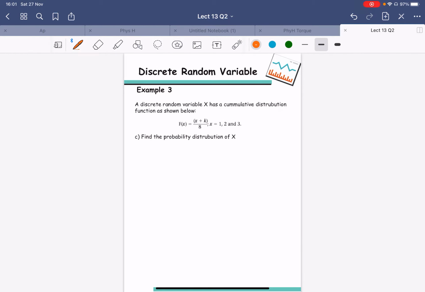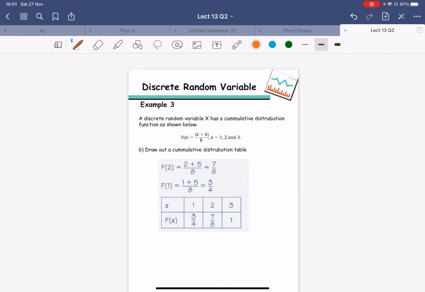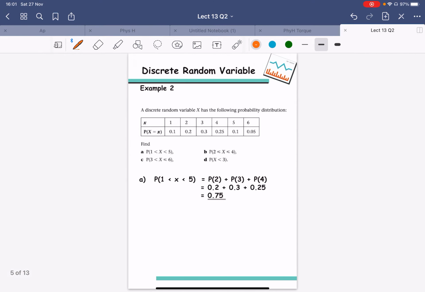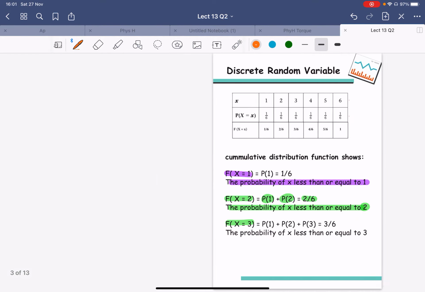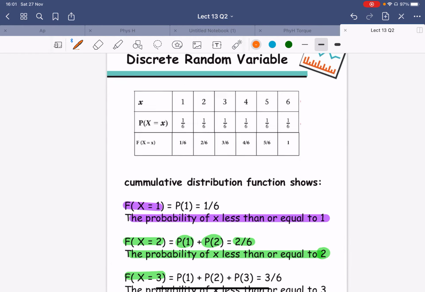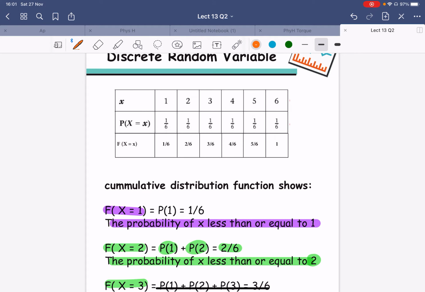We found the tables. Before we go further, let's look at the first example that we have done. This one was asking you to write out a function. How can I write this function? What I'll do is say f of x is equal to x over 6 all the time.